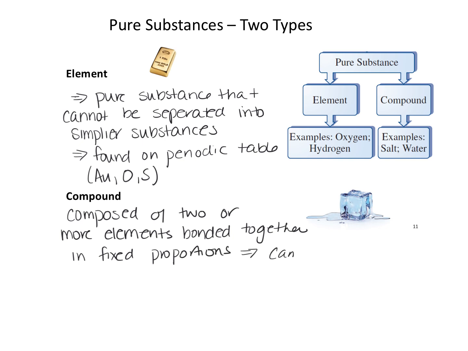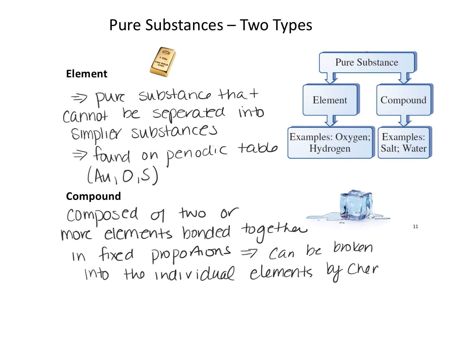They can be broken into the individual elements by chemical reactions. So an example here would be water. Water is H2O, right? It's composed of two or more elements. They are bonded together. We can run electricity through water and break it apart into hydrogen gas and oxygen gas.